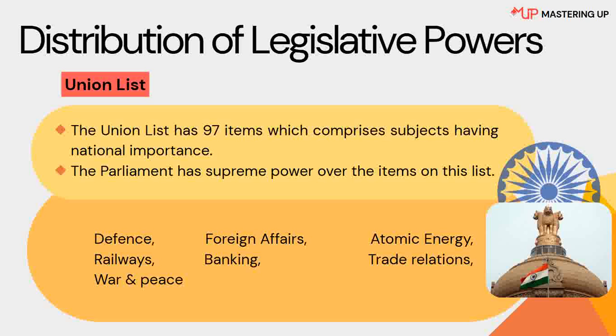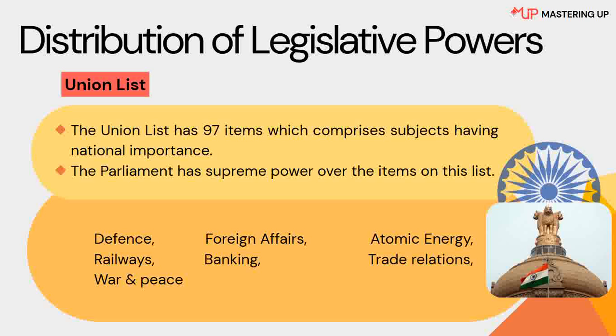Let us now understand the distribution of legislative powers as specified in the three lists enshrined under the 7th Schedule of the Indian Constitution. The first one is the Union List. The Union List has 97 items which comprise subjects having national importance.